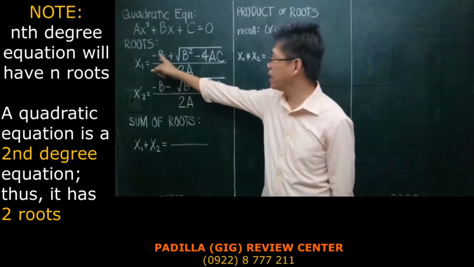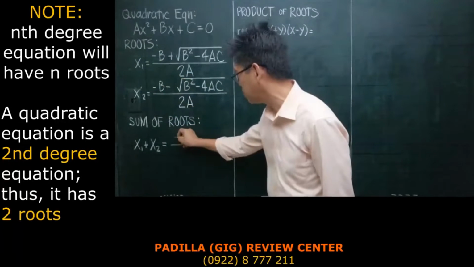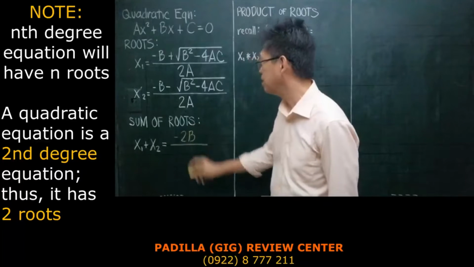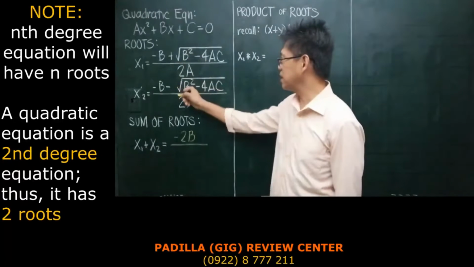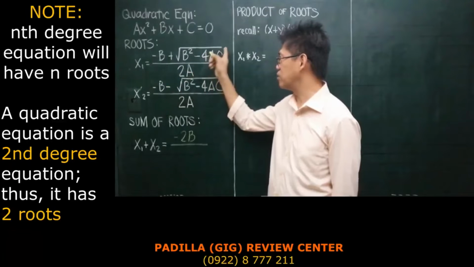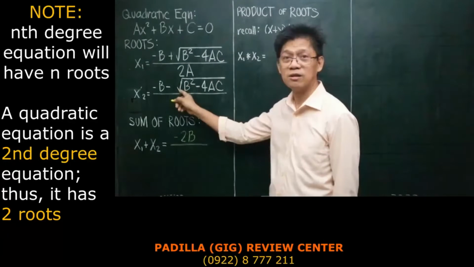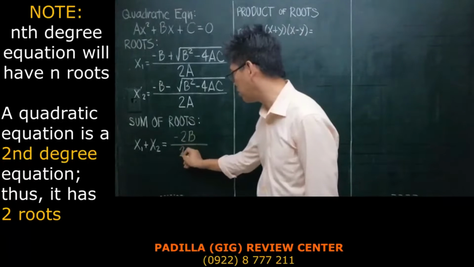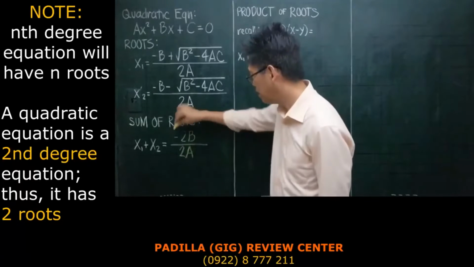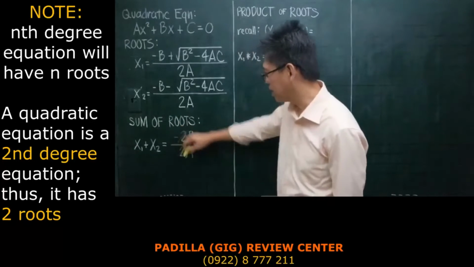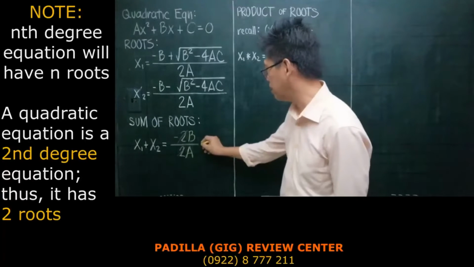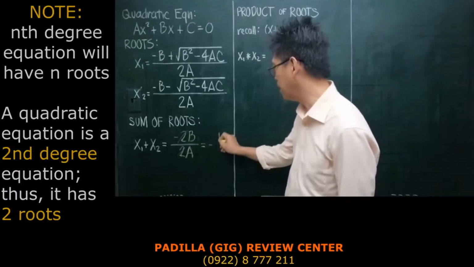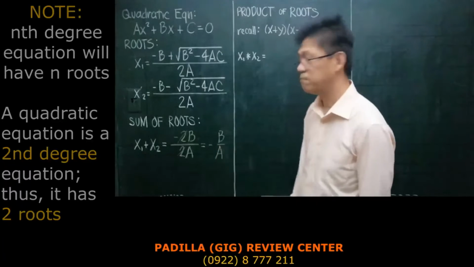So we have here minus b plus minus b, that is minus 2b. This plus this, one is plus, the other is minus, they will cancel out. So what will be left is minus 2b over the denominator, that is 2a. The 2 will cancel, so this is going to be equal to minus b over a.